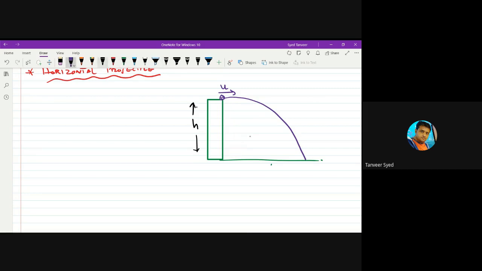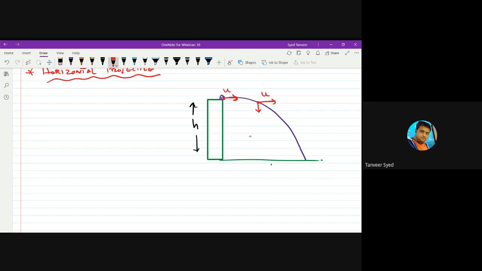At the time of projection, it is only u, horizontal velocity. After some time when the body is here, u will be as it is because horizontal velocity is not affected by acceleration due to gravity. But because of acceleration due to gravity, here it will gain some vertical velocity also.